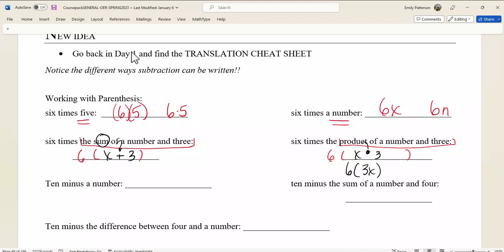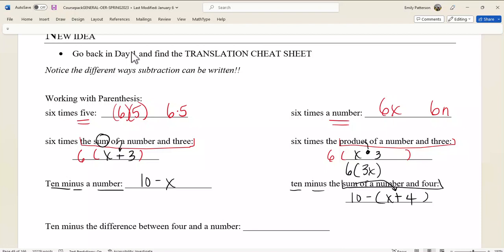So looking at, again, 10 minus a number. Okay, item minus item. This is item minus a whole other operation. So this is 10 minus a whole other operation. And that operation tells you what happens inside here.